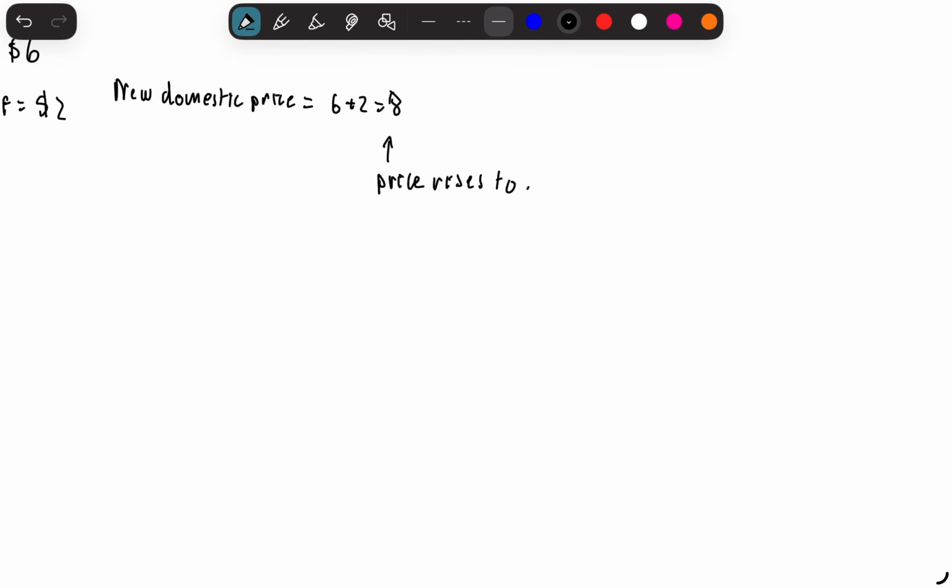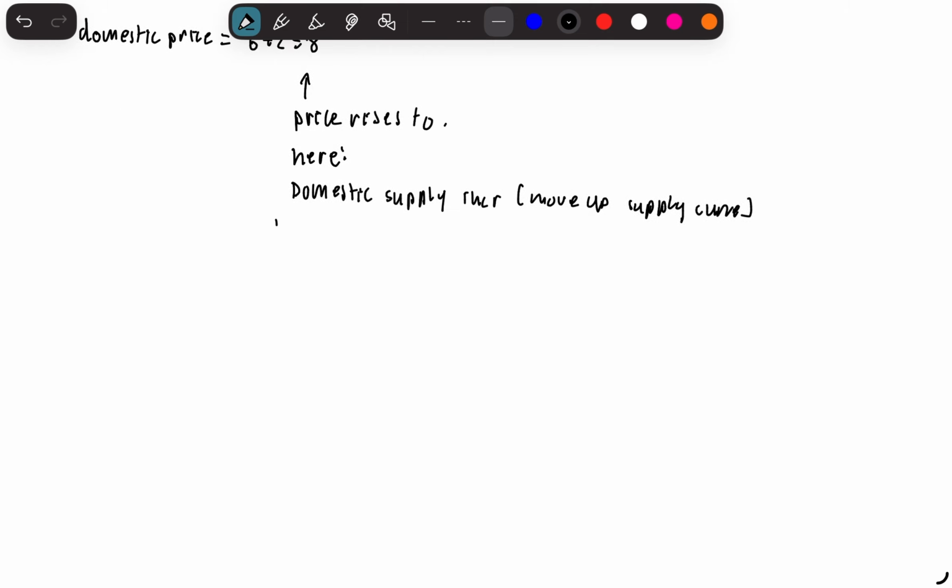So at this price, your domestic demand decreases, you move up the demand curve.